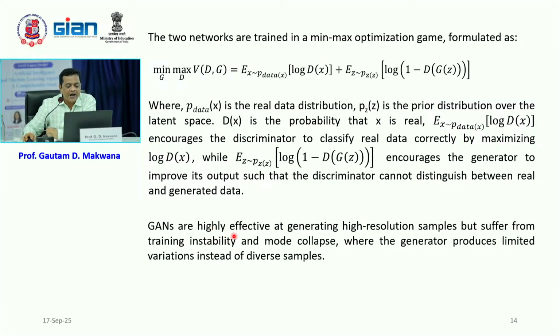So GANs are highly effective at generating high resolution samples, but suffer from training instability and mode collapse, where the generator produces repeated variations instead of diverse samples.